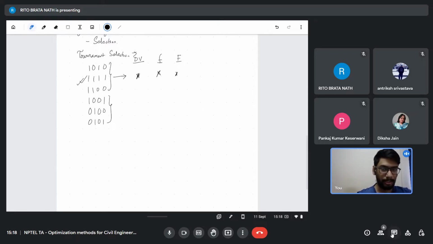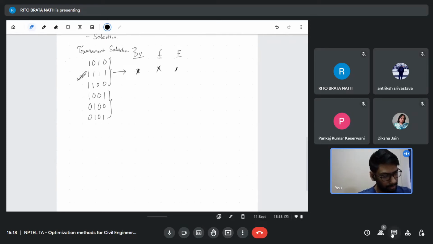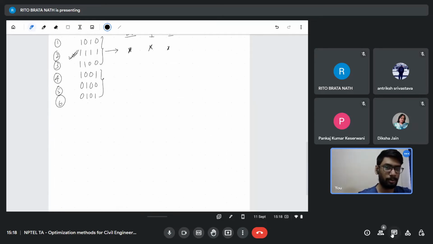These three will play against each other, or against the other solutions. Since this is the best one, when you use a tournament size of three, let me name them: this is the first solution, second, three, four, five, and six. And two is the best solution that is out there.